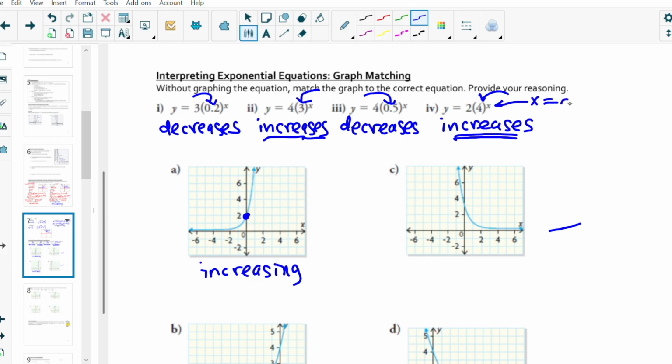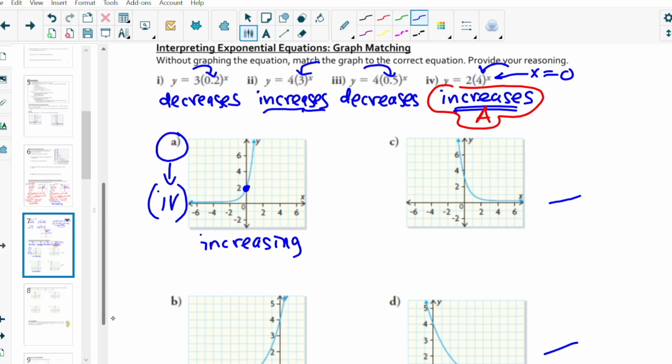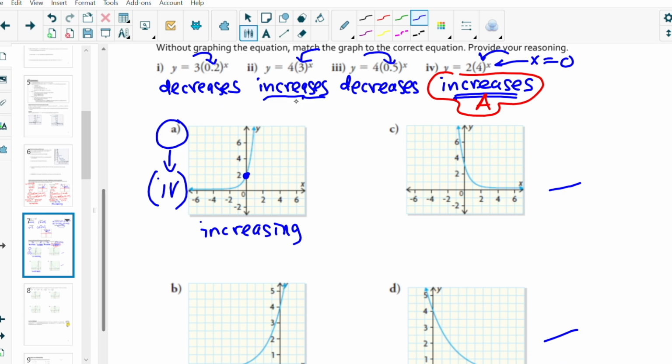When I plug in x equals 0, 4 to the 0 is 1, and I'm left with y equals 2. So A must be Roman numeral 4. I'll put a big A right here. By process of elimination, Roman numeral 2 must be B. But let's make sure.